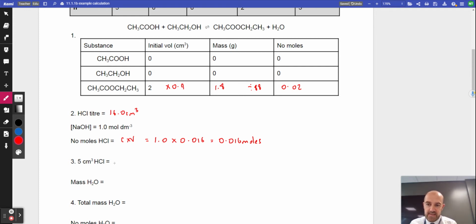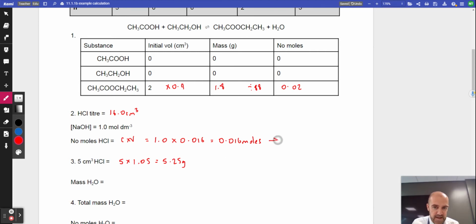For question 3, it then asks us to consider the mass of the water in HCl. Now, HCl had a density of 1.05. So the mass of 5 centimeters cubed of HCl was 5 times 1.05, which gives us a total mass of 5.25 grams. The mass of water within that, just go back a step.